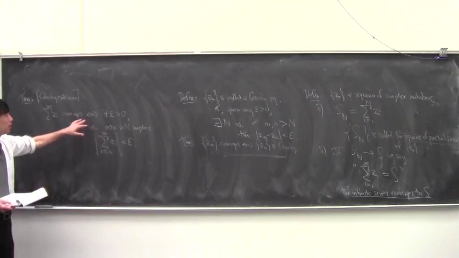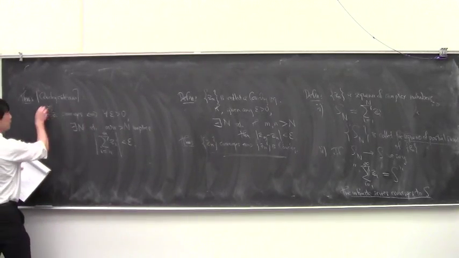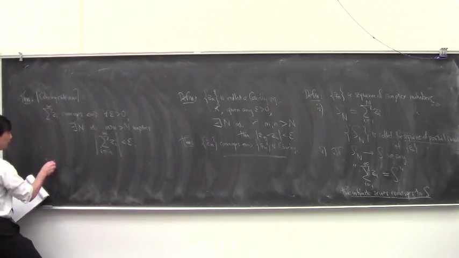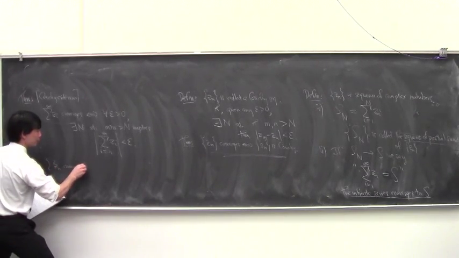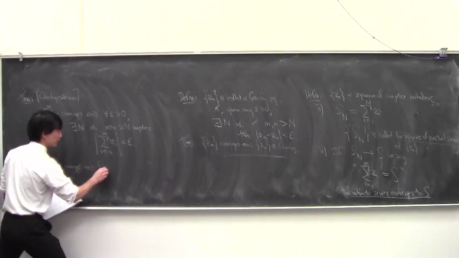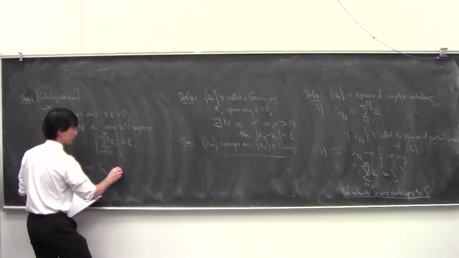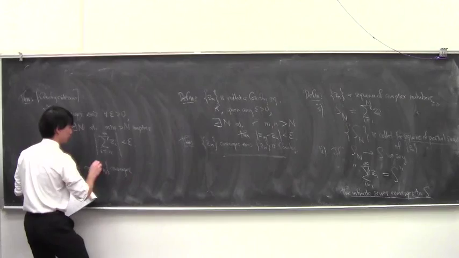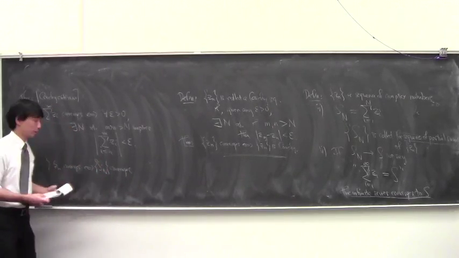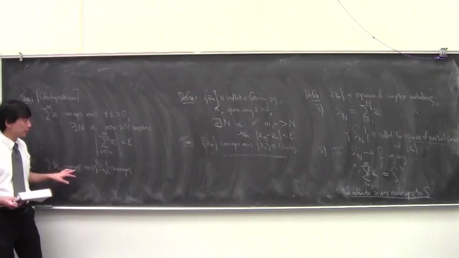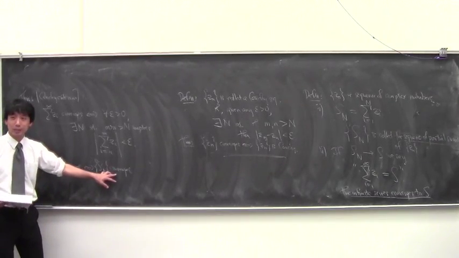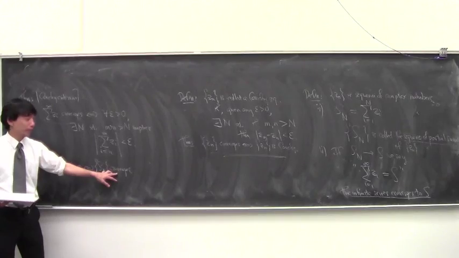So this is exactly the same statement, because the convergence of this is to say that the sequence of partial sums converges. If this converges, by definition that means the sequence of partial sums converges.